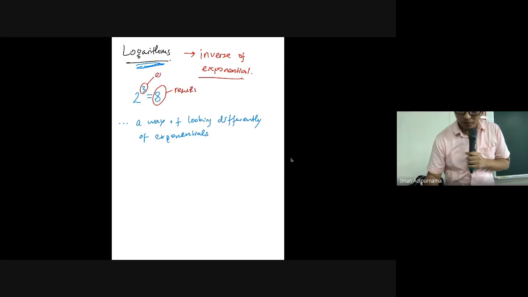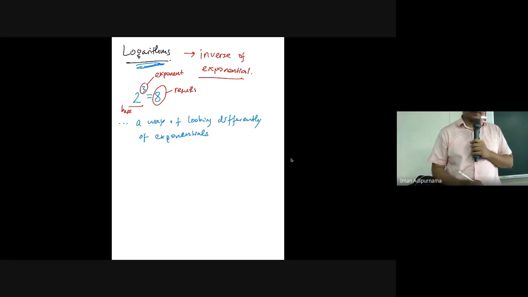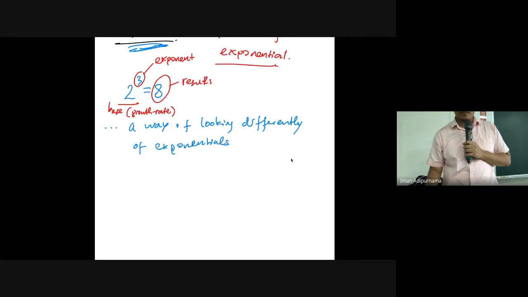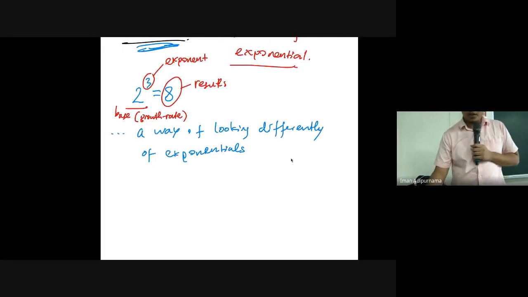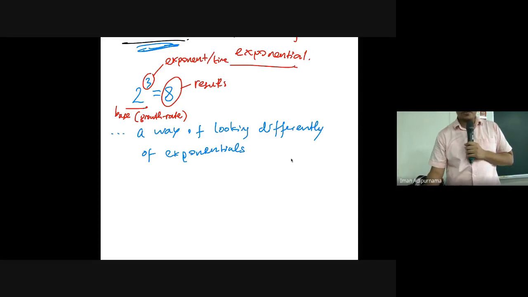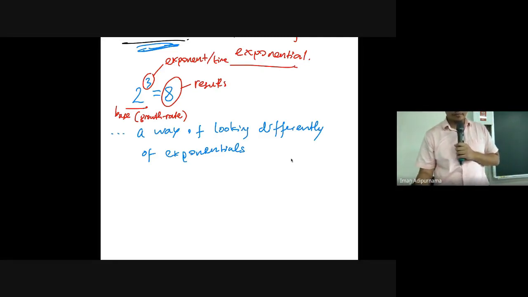This is the exponent. This is the base, or in terms of populations, this is like a growth rate. And the exponent is like a time if you compare with the populations.